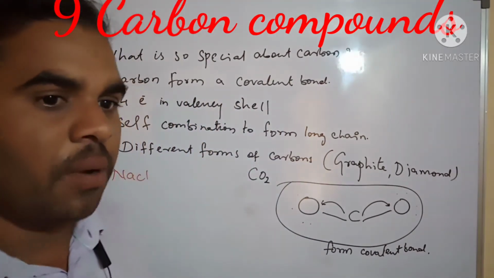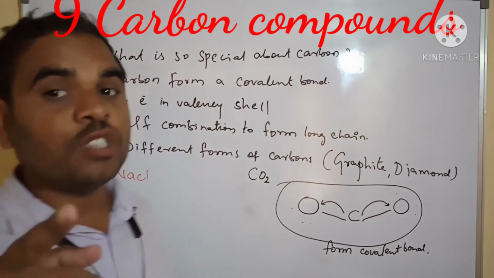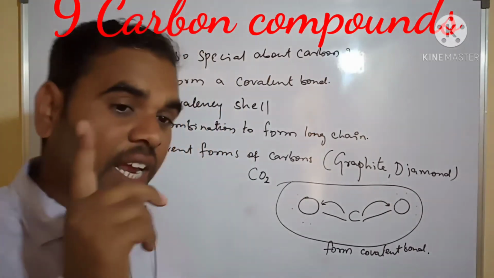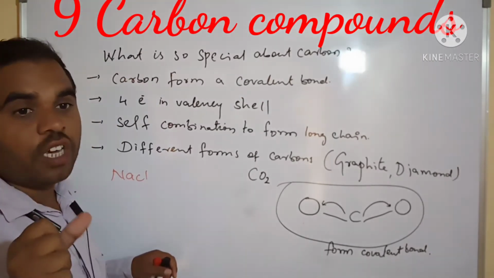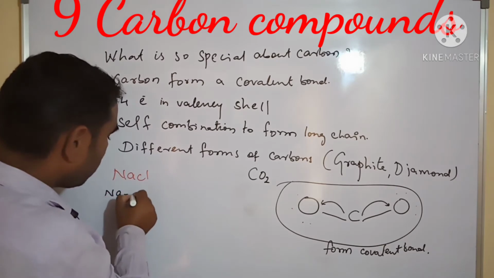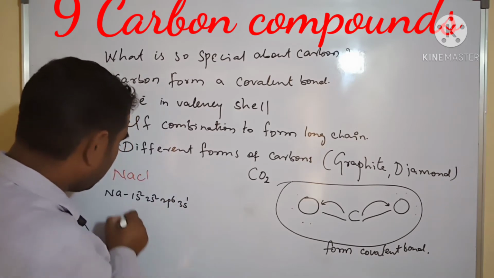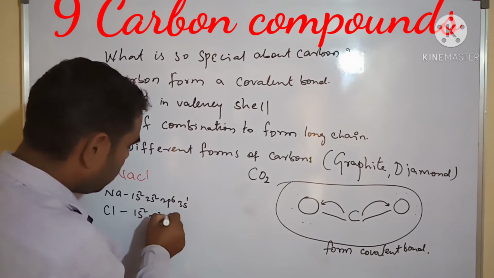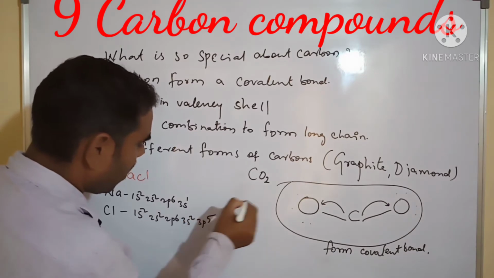Sodium has to lose one electron, and chlorine has to gain one electron, so they finally get a stable electronic configuration. Sodium: 1s2, 2s2, 2p6, 3s1. Chlorine, atomic number 17: 1s2, 2s2, 2p6, 3s2, 3p5.